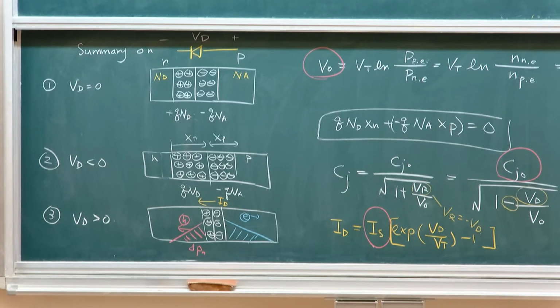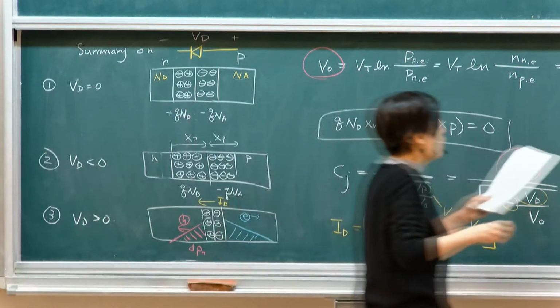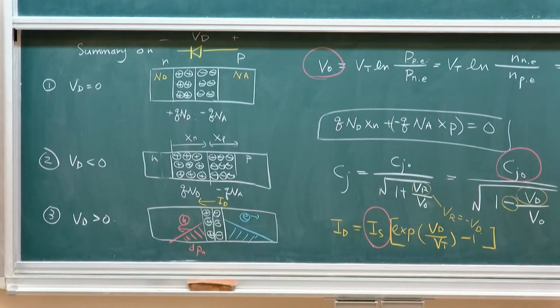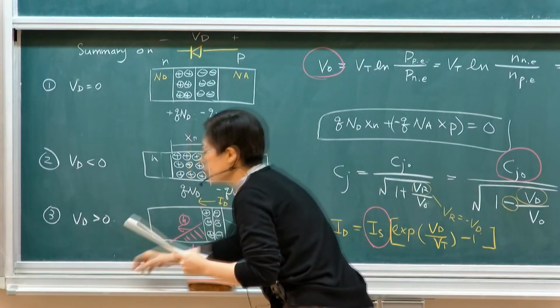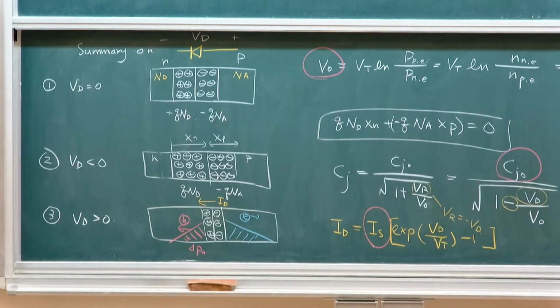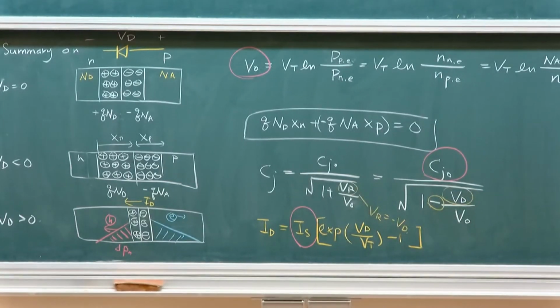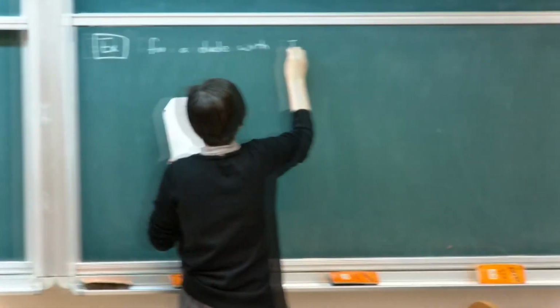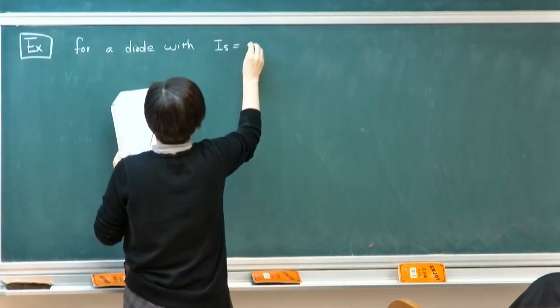So once we already know these equations, let's take a look at some examples just to get a sense of what the typical current levels are and what this current equation means. I'm just going to go through a simple example. Let's say for a diode with, so these are device parameters, as I said, device parameters will be given to you.